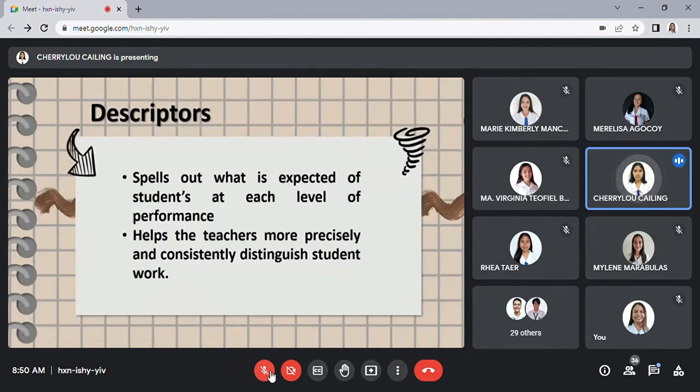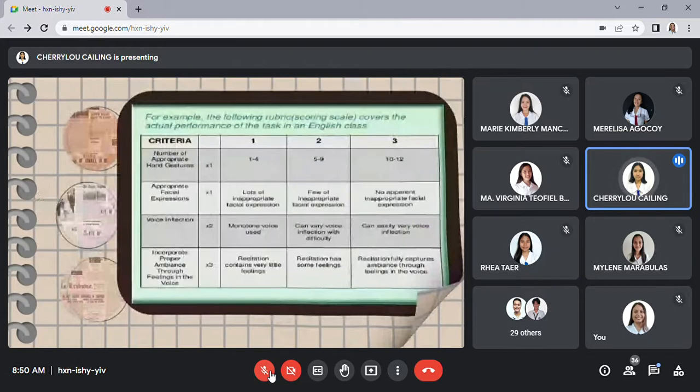As we can see, the descriptors here is kaning lots of inappropriate facial expression, few of inappropriate facial expression, no apparent inappropriate facial expression, kaning monotone voice, akila sa ning mga recitation taman nga nabilong sa 1, 2, and 3. Mo na siya ang descriptors kay according to the meaning, it spells out what is expected of students at each level of performance.